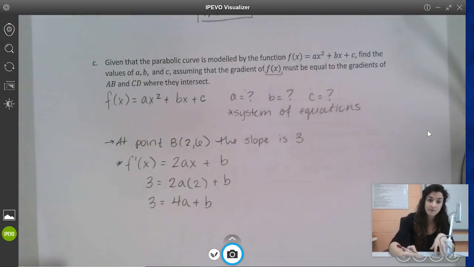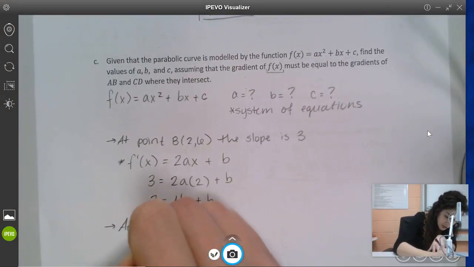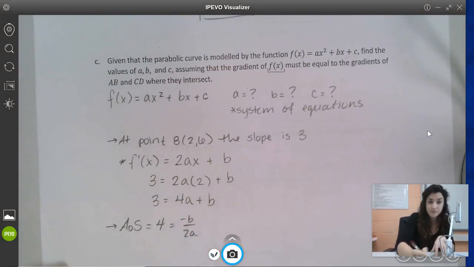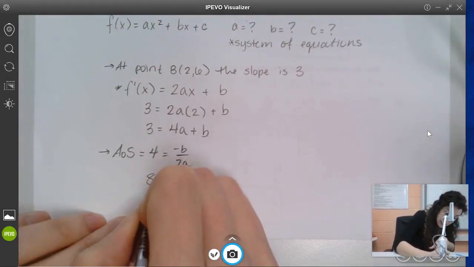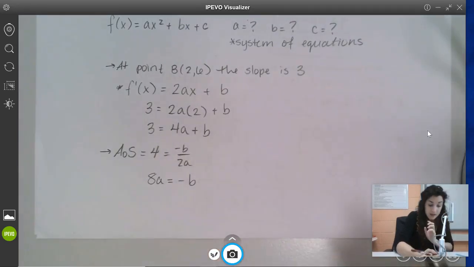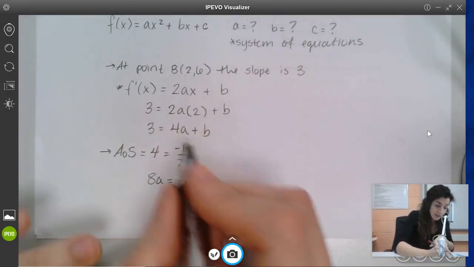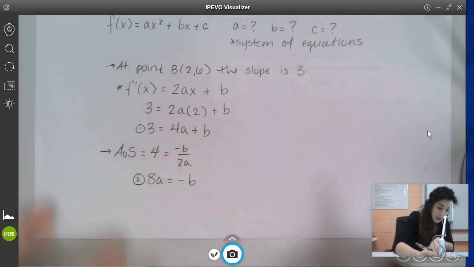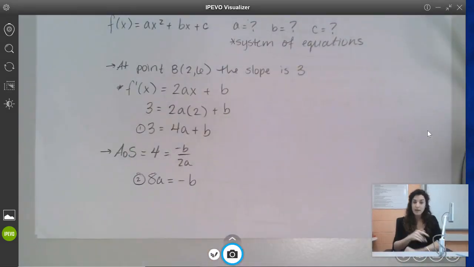So what if we use that? Axis of symmetry equals 4, which equals negative b over 2a. Taking that, I could do 8a equals negative b. I could do b equals negative 8a and then substitute in, but all of that to say, I now have 2 equations that came from different information that involve a and b that I can put together.